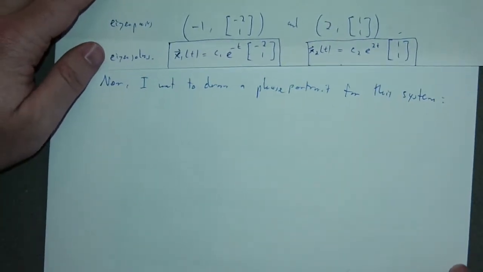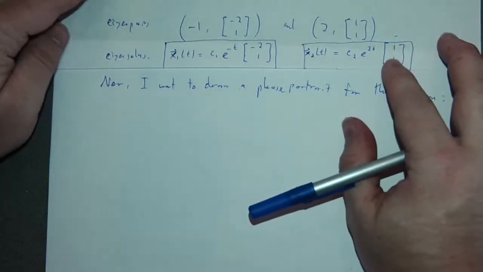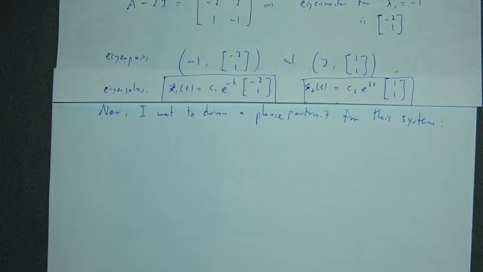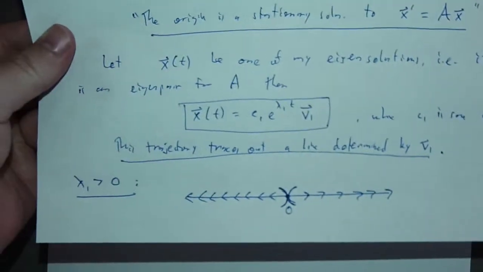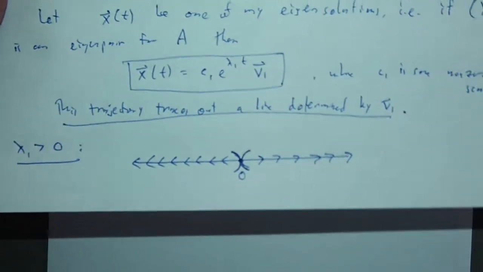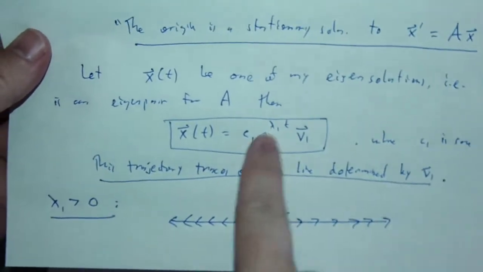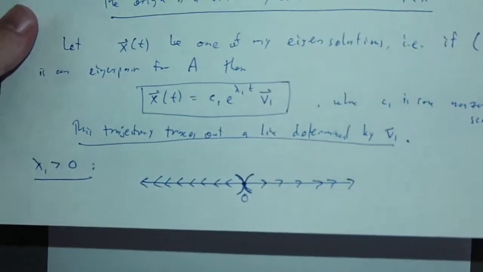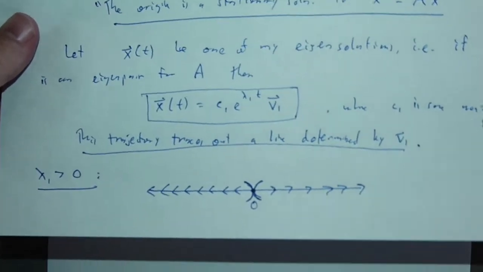Remember when we did this analysis on the last couple of pages, this told me what these line solutions look like. Sometimes eigensolutions of this type, where lambda 1 is a real number, are called line solutions because they generate a line here.